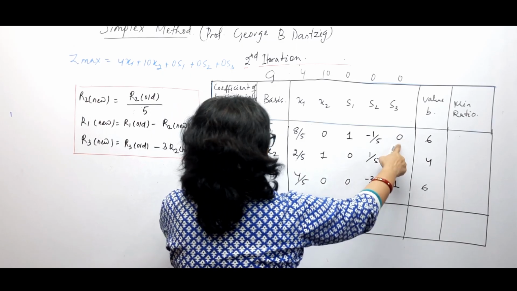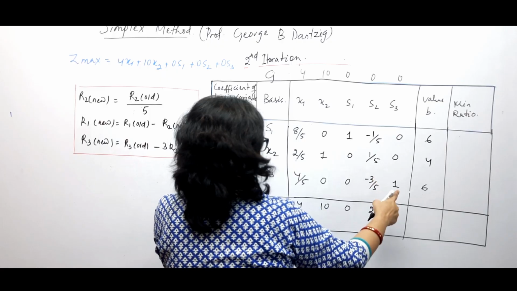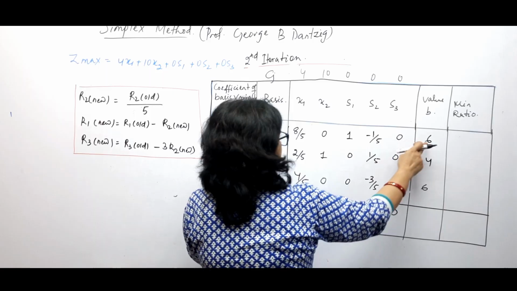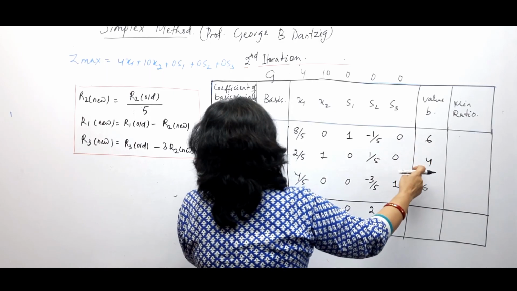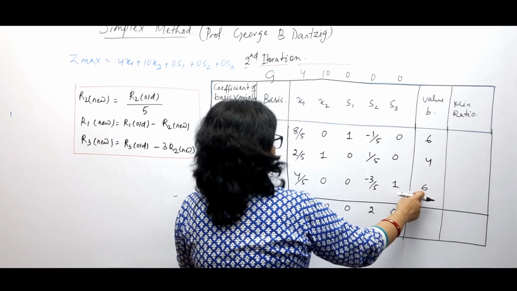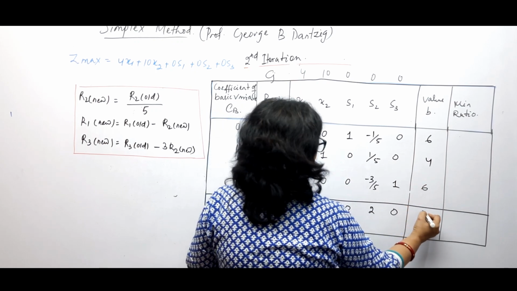Then this one 0, plus 0, plus 0, 0. And 6 into 0, 0, plus 10 into 4, 40, plus 6 into 0, 0. So this is 40.